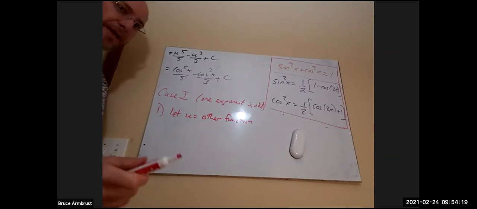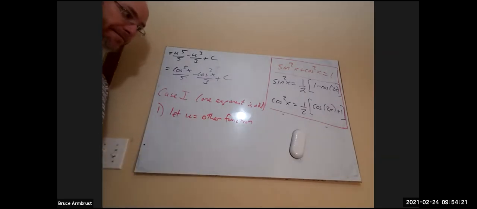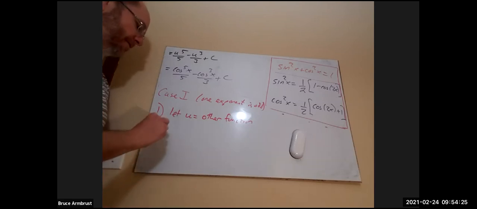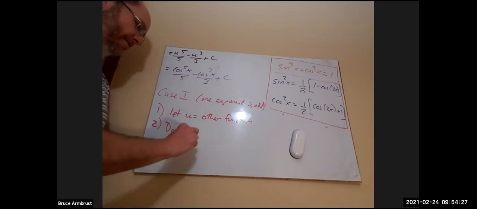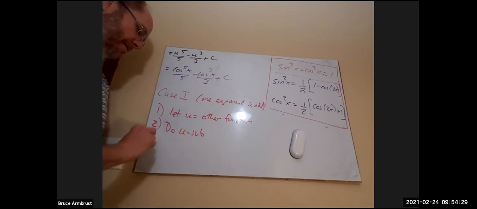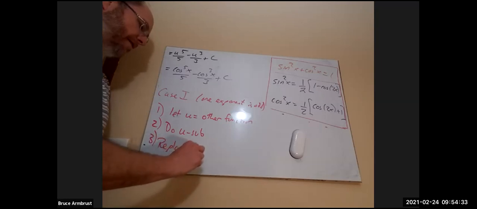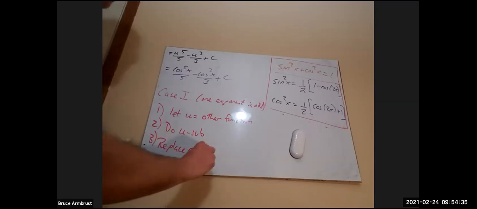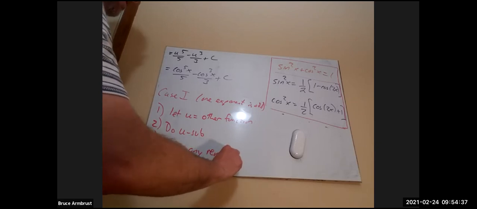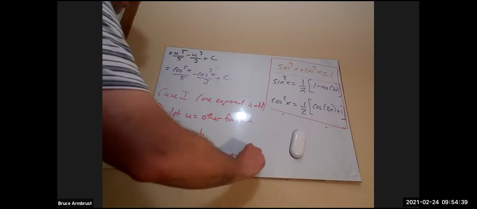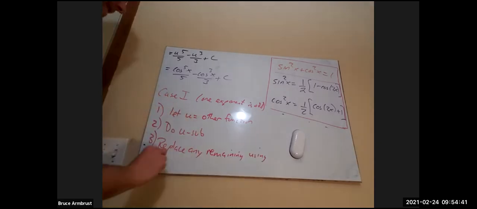So you're going to let u be the other one of them. Then you're going to do u substitution. And then you're going to replace any of the remaining terms using the Pythagorean identity.